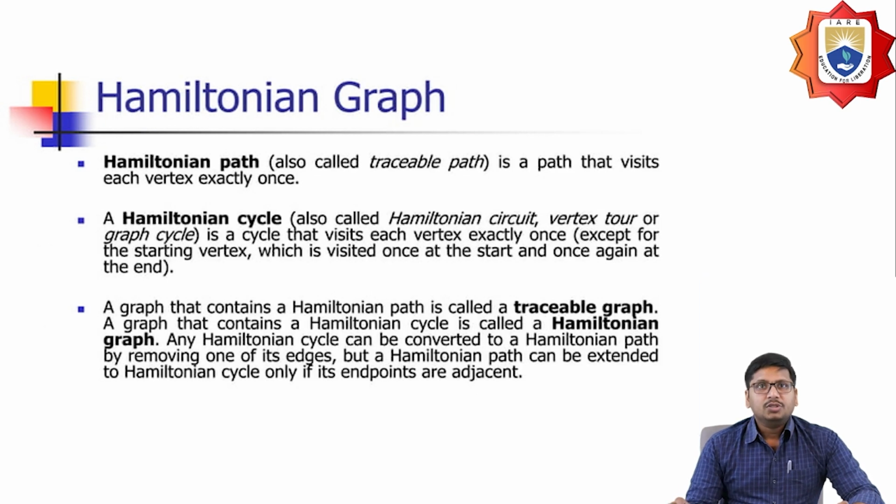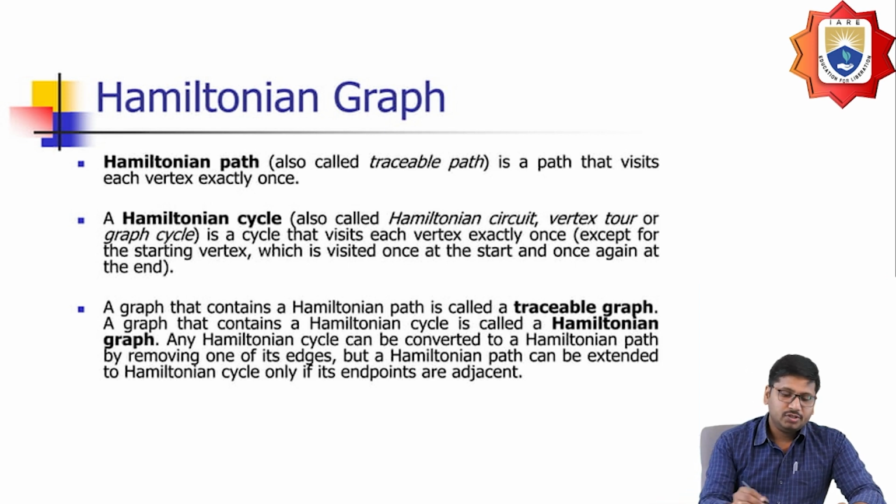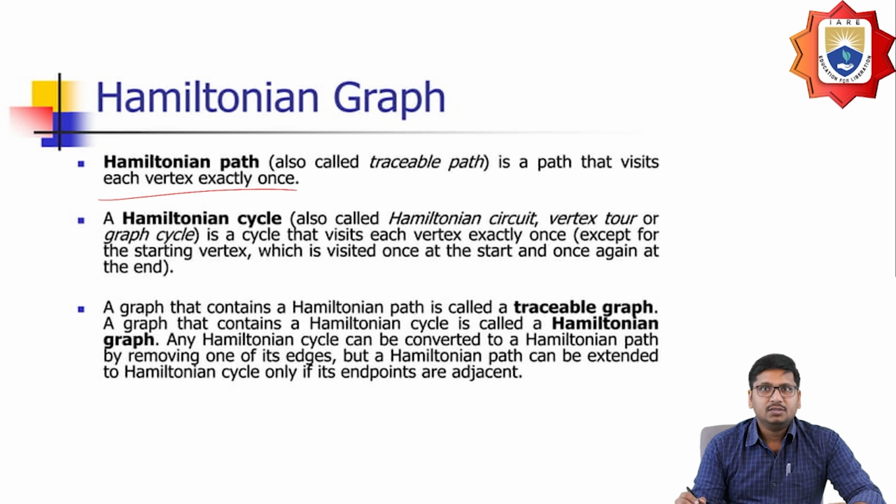And next we are going to see about Hamiltonian graph. So what is this Hamiltonian graph? The graph which has a Hamiltonian path is what we call a Hamiltonian graph. Normally this Hamiltonian path is the traceable path that visits each vertex exactly once. And the graph which has a Hamiltonian cycle is called a Hamiltonian circuit.